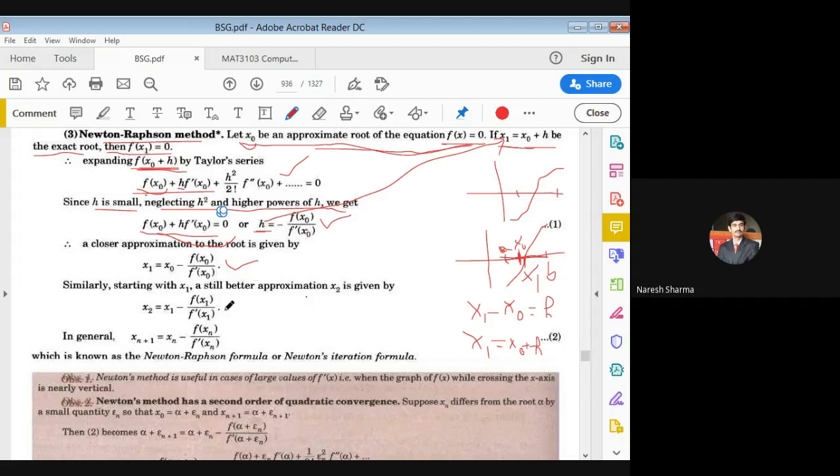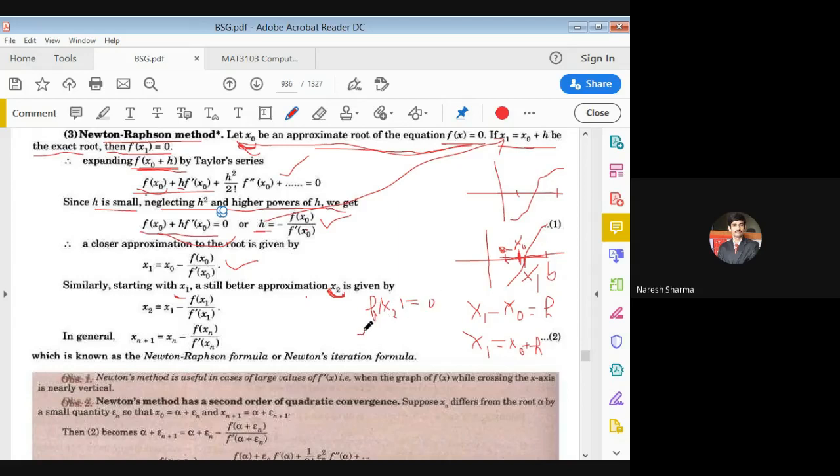Similarly, if we start with x1 like x0, we again start with x1 and assume x2 is a better approximation of the root, or the exact root. Then we say f(x2) is equal to 0 because it is a better approximation, or exact root.